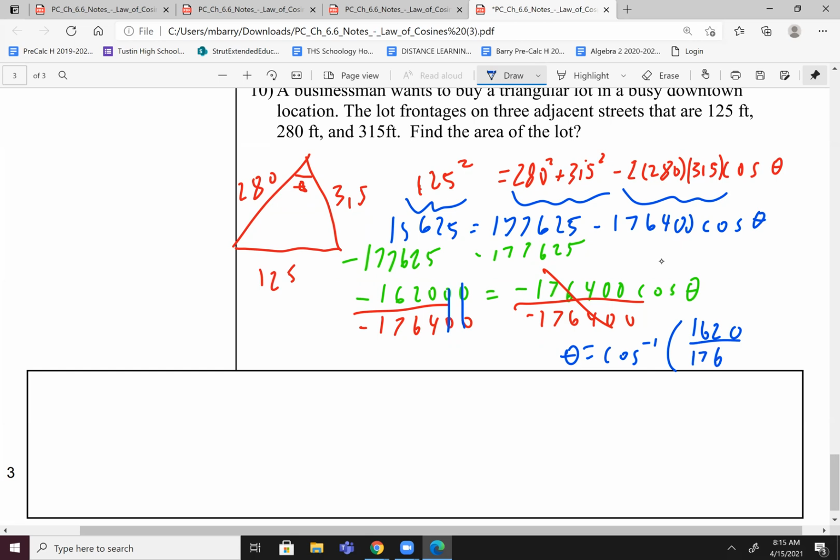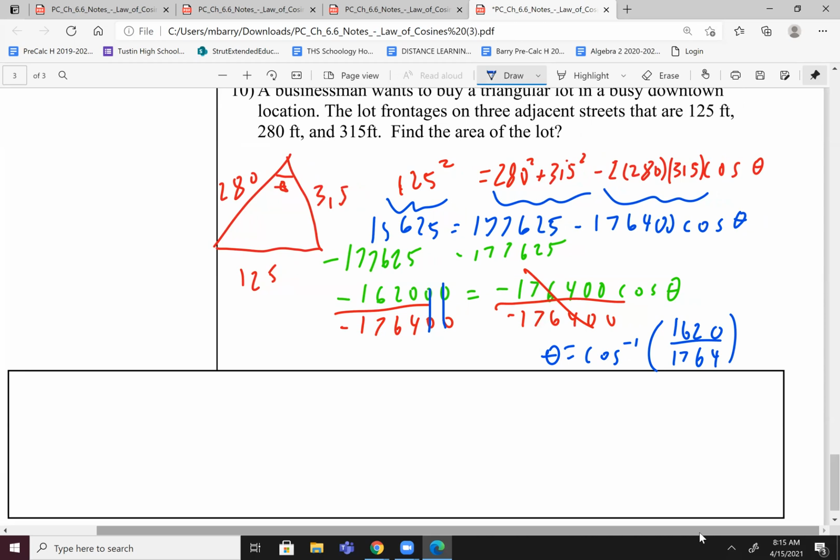So I'm just going to make that a positive over a positive, and leave that as a fraction. All right, so we'll do cosine inverse of 1620 divided by 1764. So I get that theta equals 23.31 degrees.